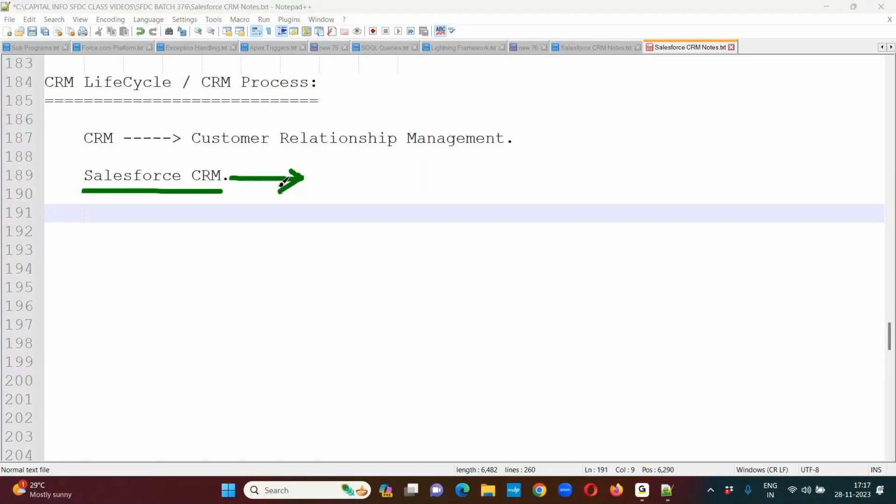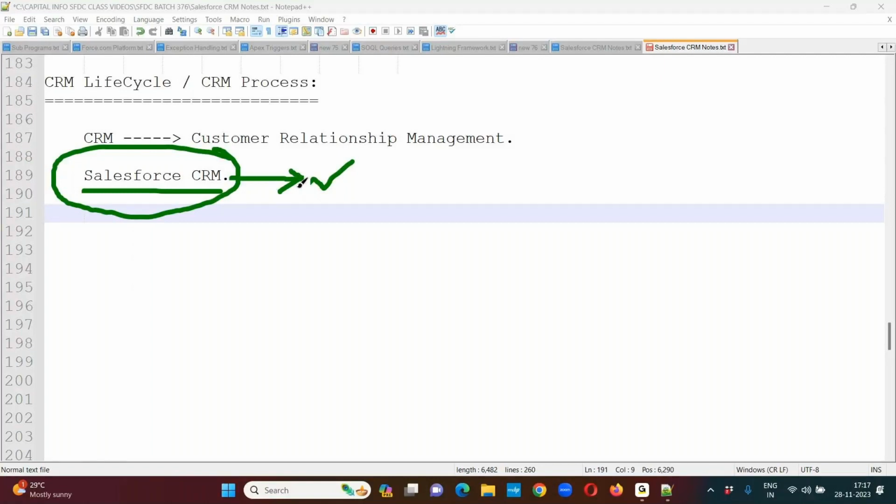Salesforce CRM is the world's first cloud CRM application in the IT industry, which can be accessed with just two things: a browser and internet access. Because it is purely a cloud application, it doesn't require any installation. Directly, we can access Salesforce CRM with the help of a browser and internet access.